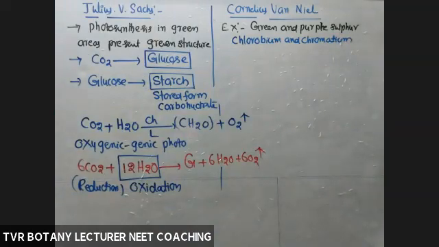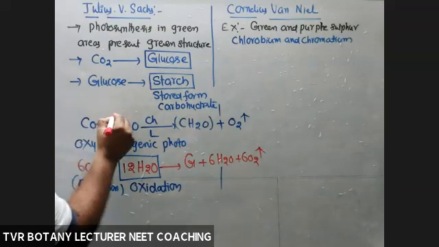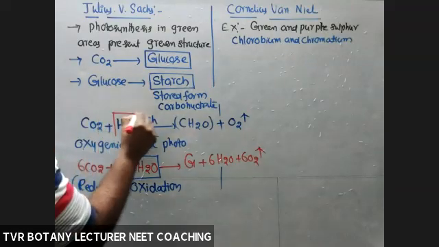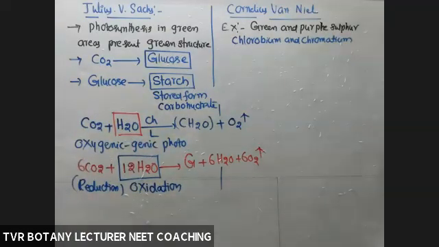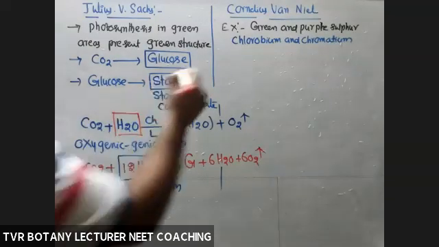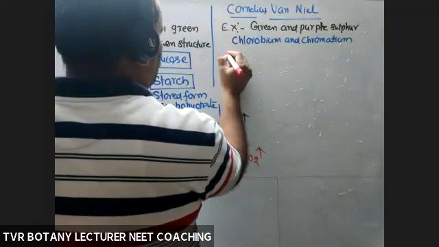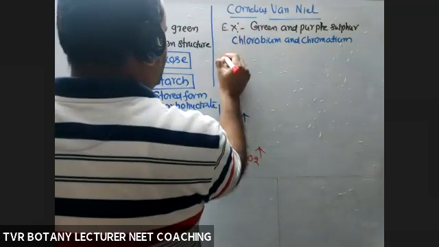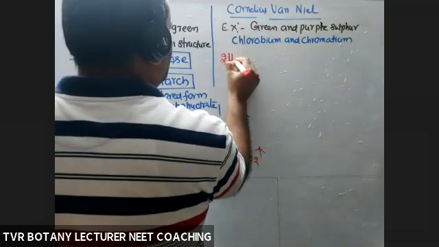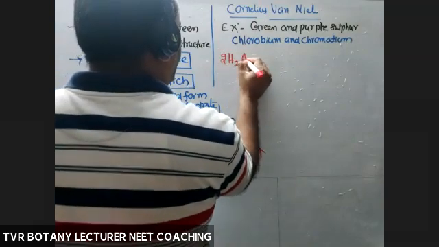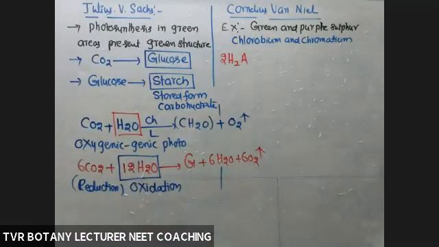So according to Cornelius van Niel, unlike oxygenic photosynthesis, in the case of oxygenic photosynthesis, who is the hydrogen donor? H2O molecule. Instead of H2O molecule, what about the experiment of Cornelius van Niel in those bacteria? 2H2A instead of water.